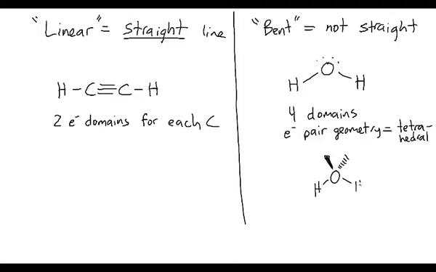So if I put the 2 hydrogens here and put 2 lone pairs on the other 2 domains, and then say, okay, for the molecular geometry, I'm imagining the lone pairs are invisible. So here, let's make them invisible. Ready? Bye-bye lone pair. So then I say, all right, if the lone pairs are invisible, now it's got bent molecular geometry because the 2 things are not directly across from each other.